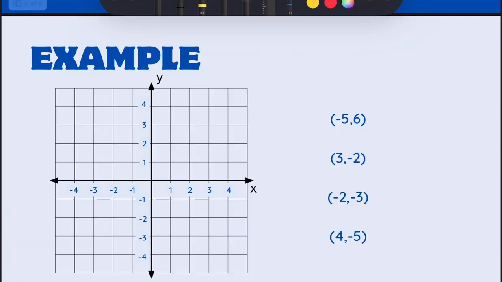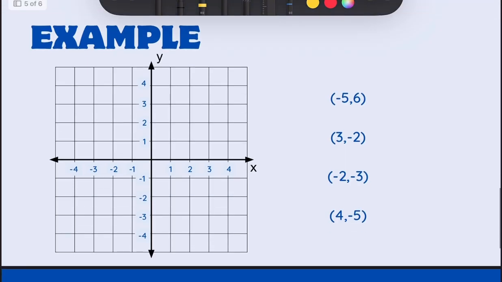Now let's work on the second example, where instead of finding out where the point is, we're going to plot the point itself. So let's start with this first one, -5, 6. Well, -5 is our x. So along our x-axis, we're going to look for -5.